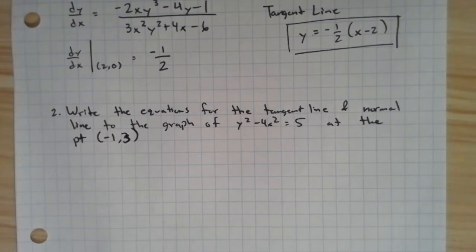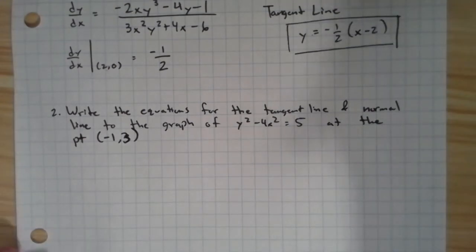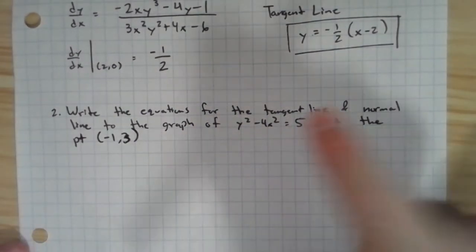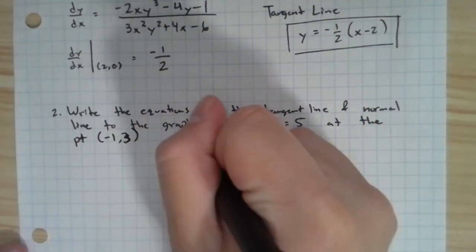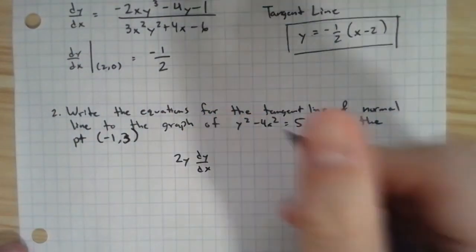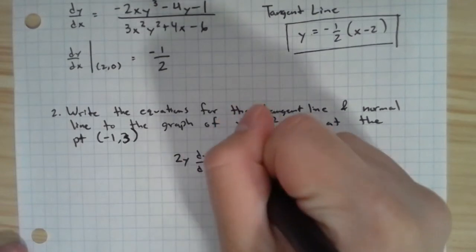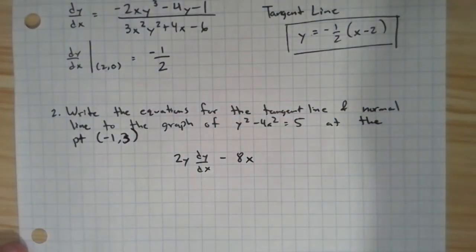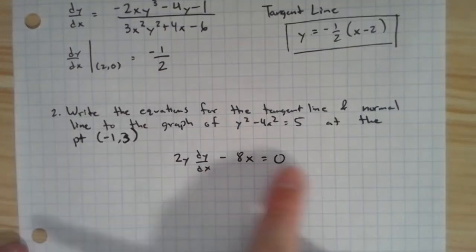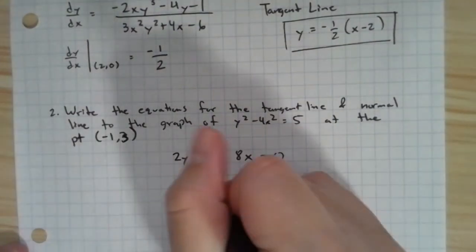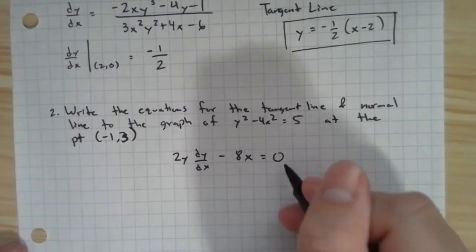Okay, so I've got to find the derivative first. If I take the derivative of that right there, I'm going to get 2y dy/dx minus 8x is equal to 0. So I'm going to add 8x to both sides, because I'm trying to pass it over there.